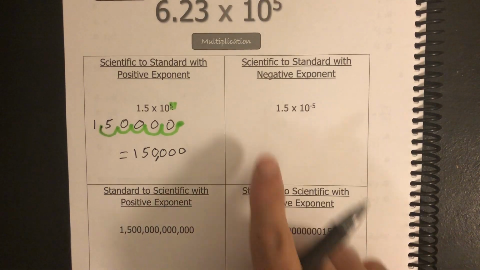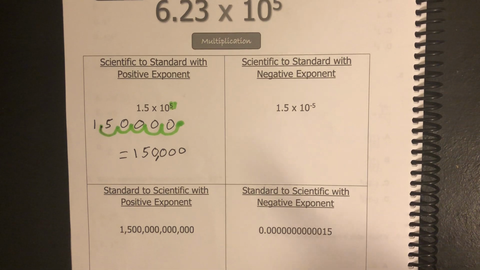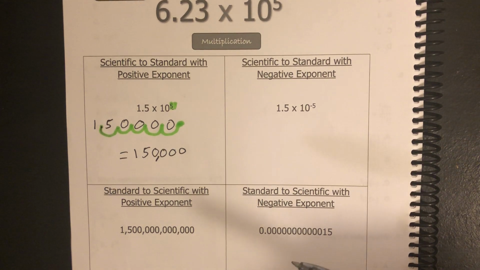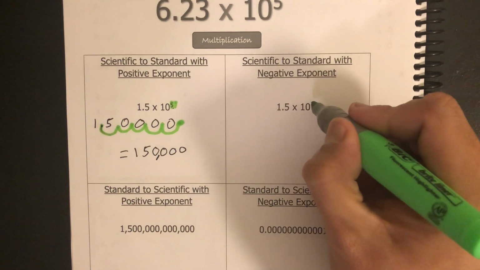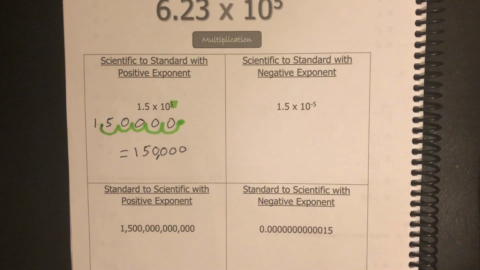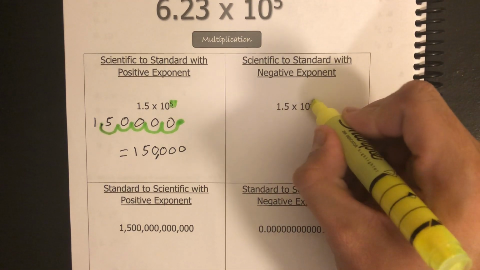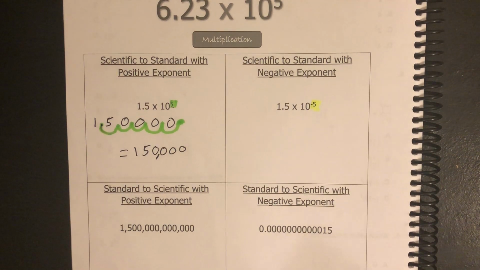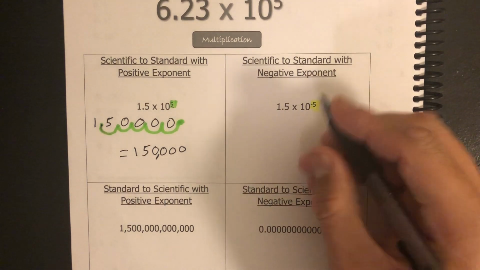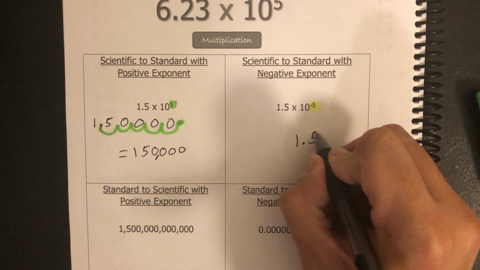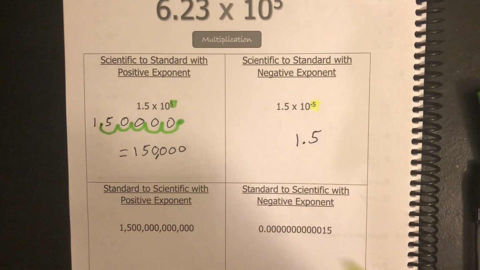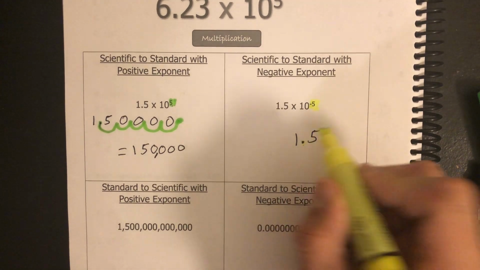Now we're going to take this scientific notation and convert it back to a regular number or standard form. But if you notice, the exponent this time is a -5. So this time, instead of going to the right side, we are going to go to the left side. So I'm going to get 1.5, and my exponent is telling me to move my decimal 5 times to the left because it's negative.